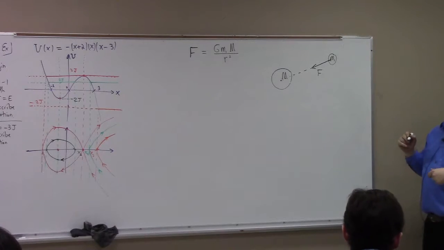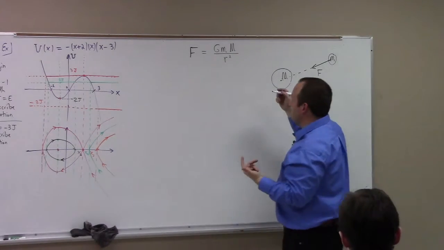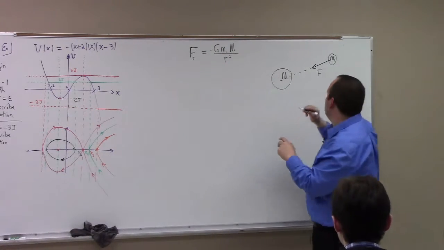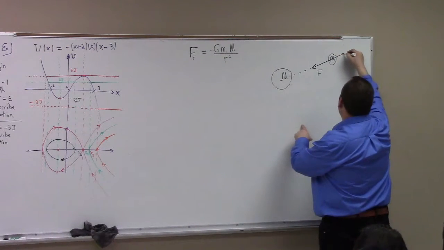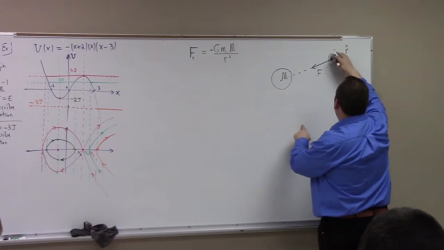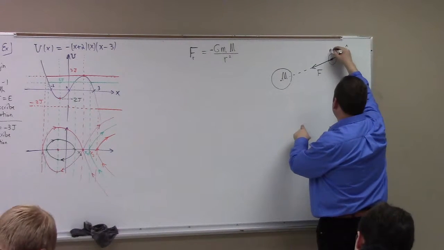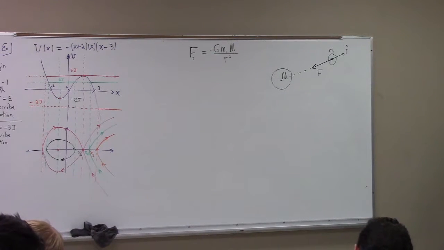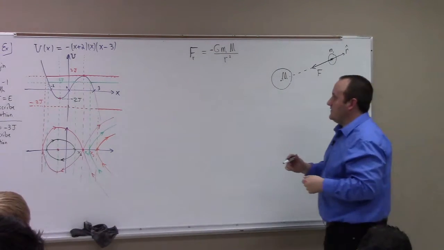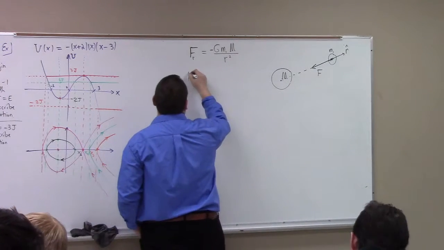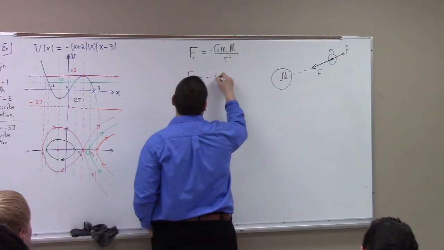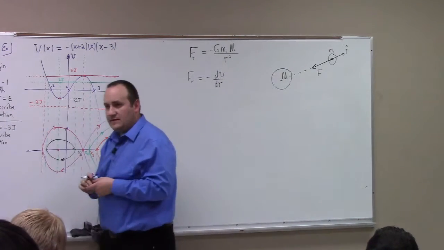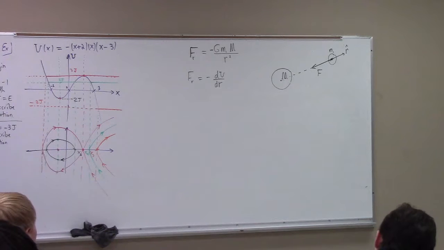I guess if I want to talk about the radial direction, I should put a minus here, right? Because the radial direction would be, like, this would be r hat. Agree? So if I realize that the radial force is minus dU/dr, what would the potential energy as a function of radius be for this force?